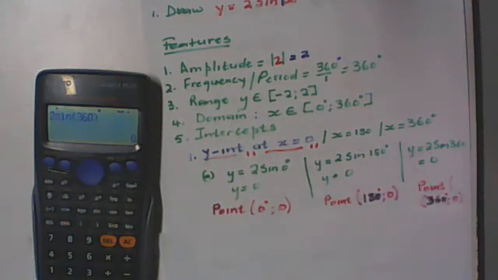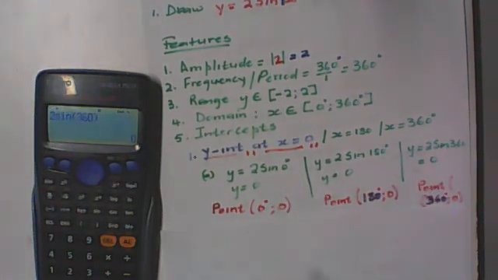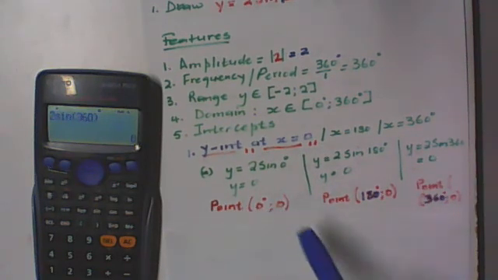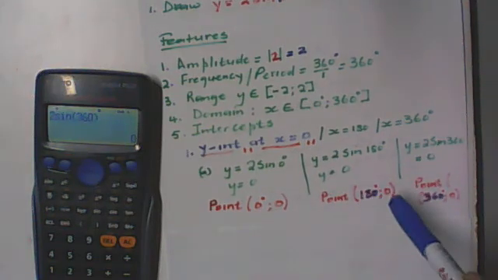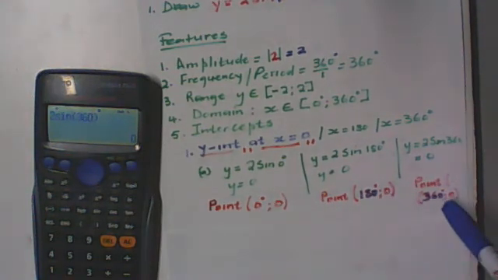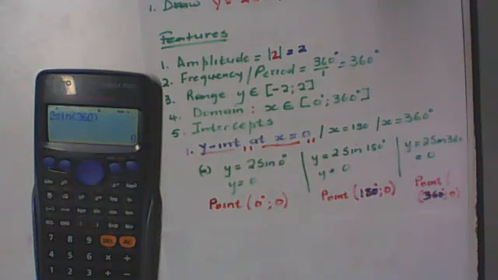Therefore, the points, no, the x-intercepts, guys, this is the x-intercept: 0 is to 0, and then 180 is to 0, and then 360 is to 0.